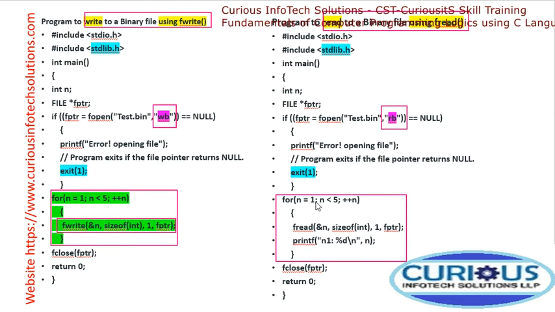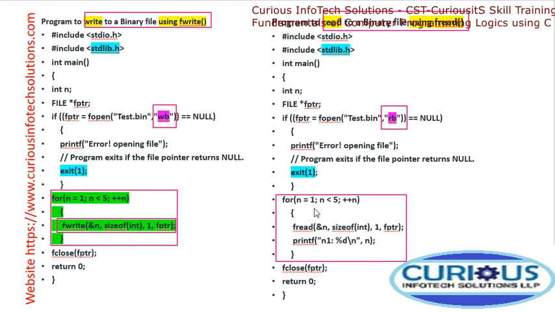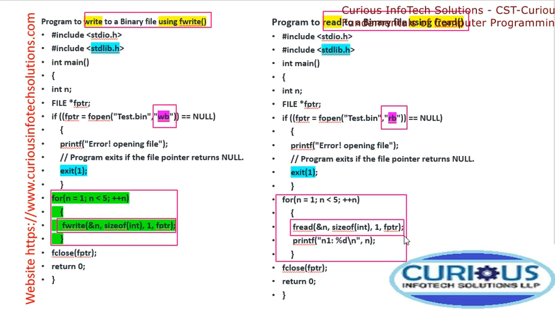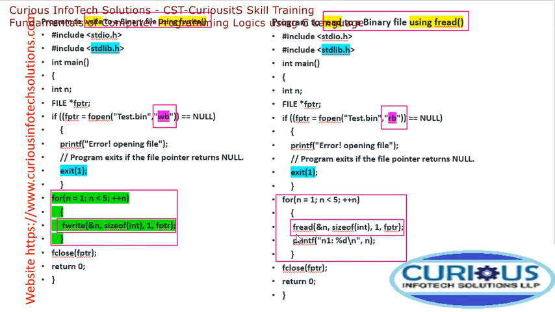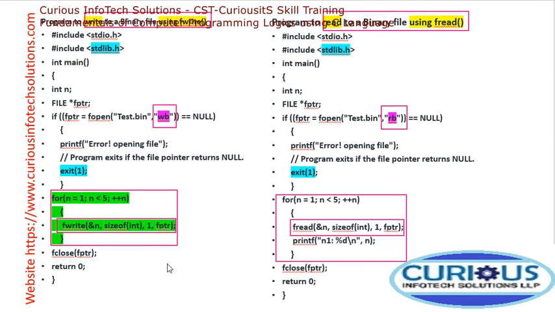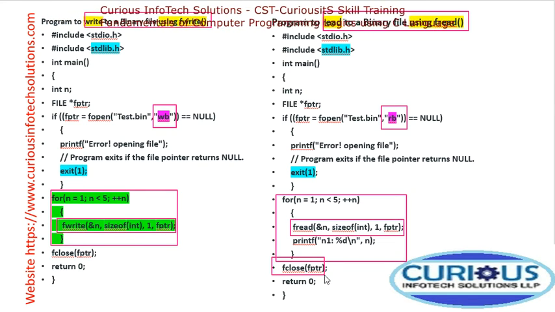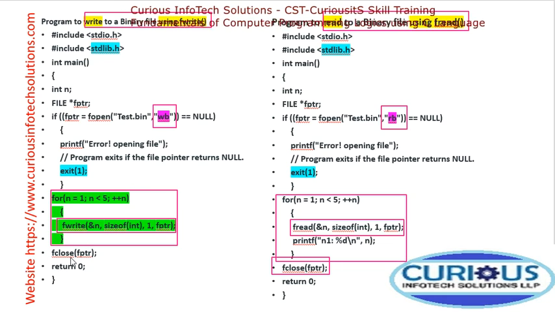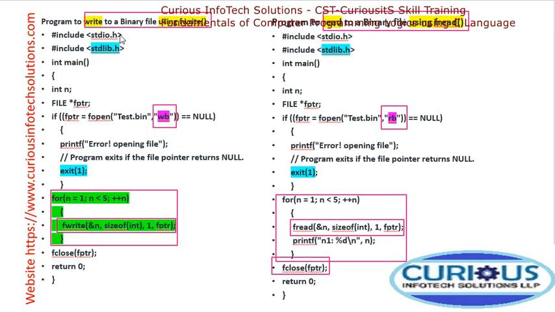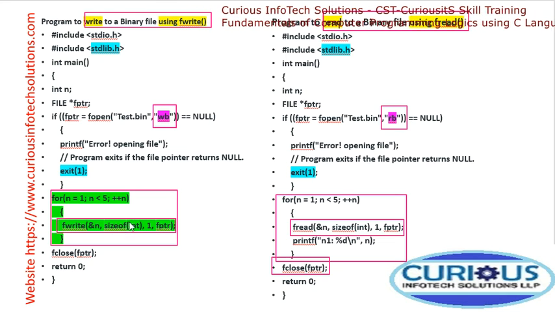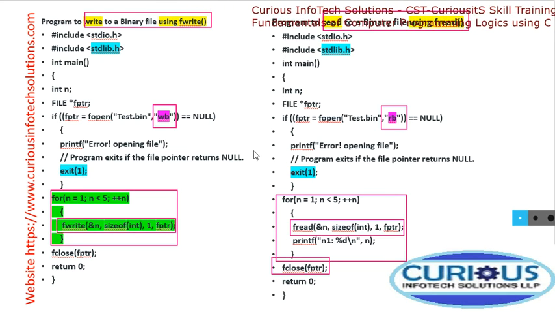Now here the loop will continue 4 times, and here we have fread and this size, the same. Okay, only instead of fwrite there is fread. Then after that close this open file. Now after that we get the output from binary reading and writing, and here we are getting the binary read. Okay, so this is the program.